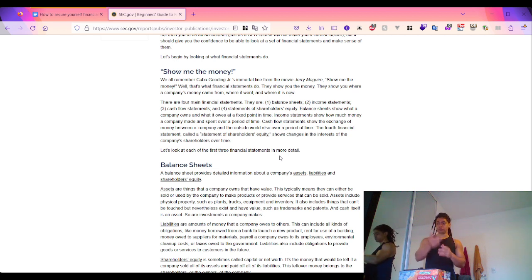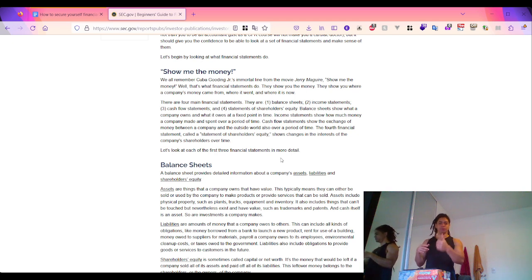So, for example, bank loans to meet their working capital needs. Working capital is the difference between current assets, if you remember, assets that a company expects to convert into cash within a year or less, minus current liabilities, obligations that a company has to pay within less than a year.